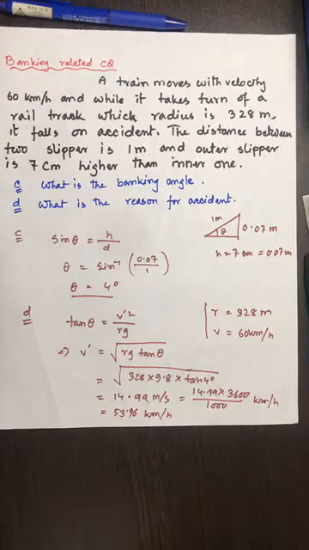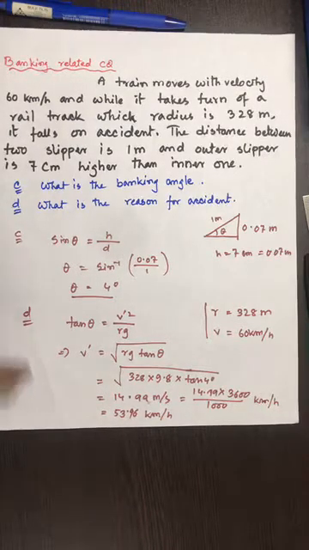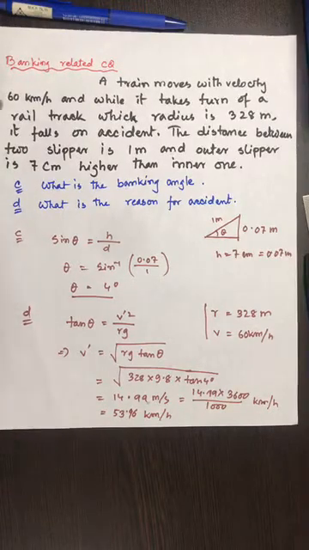You need to write the decision, because the decision takes one mark in part D. So write down that though the train moves at 60 km per hour, the limit should be 53.96 km per hour. Exceeding that limit, 60 minus 53.96, causes the accident. Clear everybody?